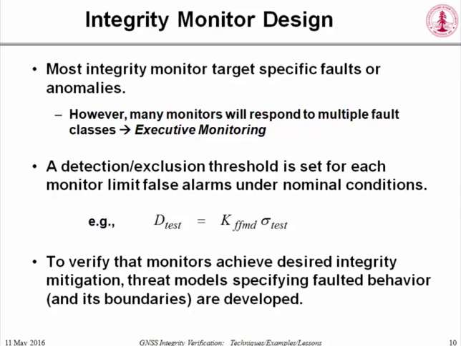Each monitor has a test statistic multiplied by a certain K-factor based on the allowed probability of false exclusion, false alarms under nominal conditions. That establishes a detection threshold. And if that threshold's violated for any monitor, then we remove the affected measurement. And as I said here, then we have to try to resolve what caused the fault.